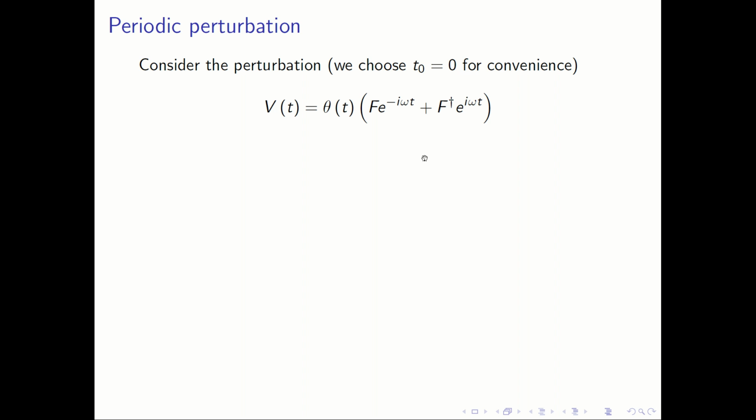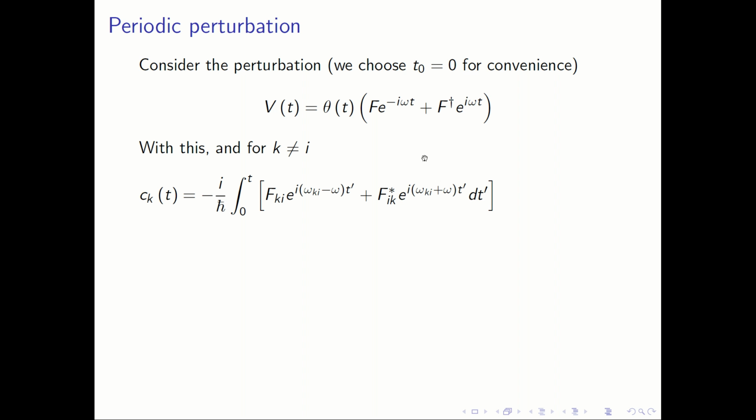So this is what our perturbation is, and it is very easy to calculate what the C_k for the kth state where k is not equal to i is going to be. The reason why we are looking at k not equal to i is because if I know what the probabilities of going to other states are, then I can easily figure out what is the probability of staying in the initial state.